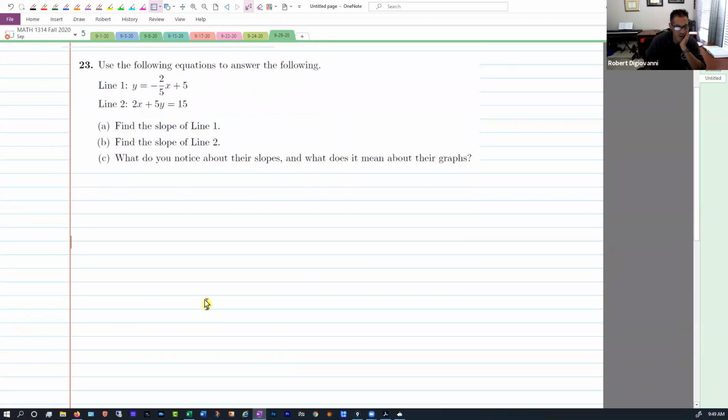Okay, use the following equations to answer the following. So they give us two lines. Line 1 is y equals -2/5 x plus 5, and the second line is 2x plus 5y equals 15. First question, find the slope from line 1.